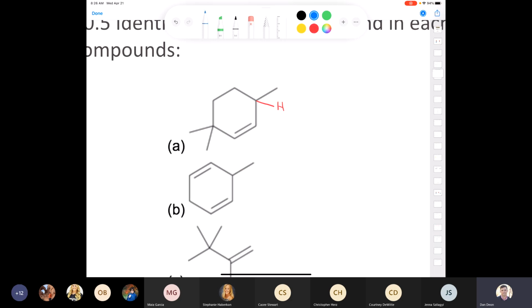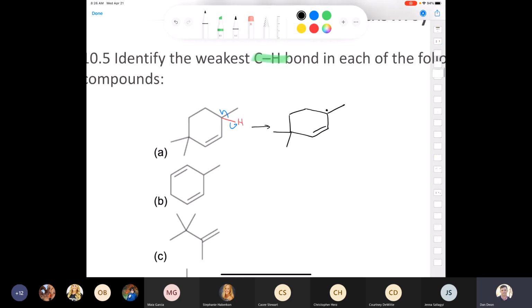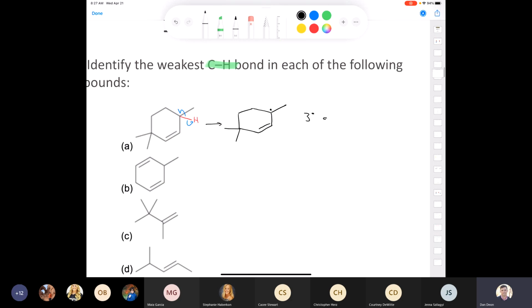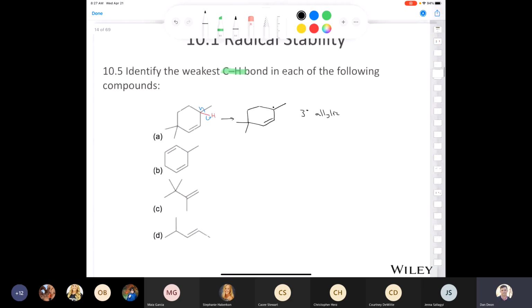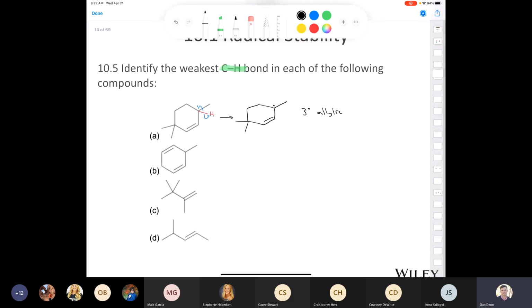If we break this bond homolytically, besides the hydrogen radical, we would also end up with a tertiary allylic radical. So this radical is tertiary allylic, and that carbon-hydrogen bond is going to be the weakest of all the carbon-hydrogen bonds in that molecule. So this is the kind of approach that we want to take.